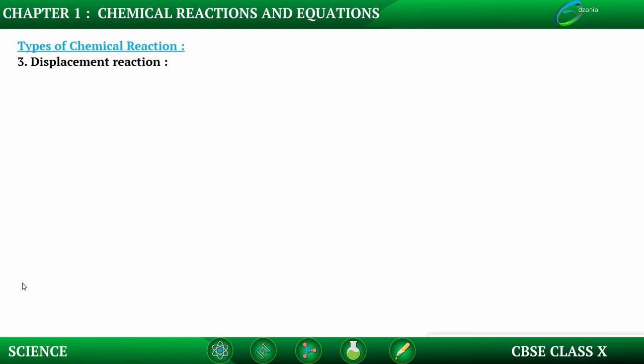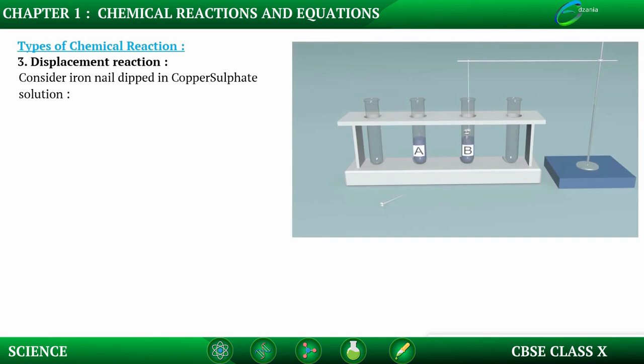Displacement reaction. Displacement reaction is a chemical reaction in which a more reactive element displaces a less reactive element from its compound. For example, let us consider an iron nail dipped in copper sulfate solution.